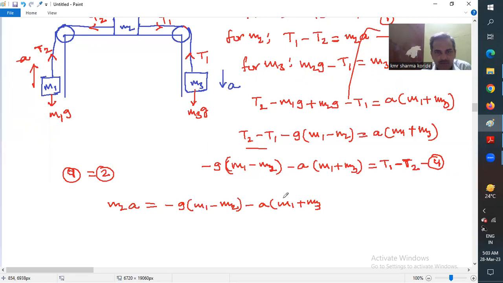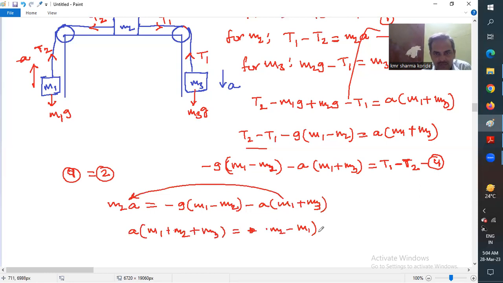So take this entire step to the left. Once again you can take out common A of M1 plus M2 plus M3 is equal to minus, otherwise if you don't want to write minus, better directly write M2 minus M1 with the G.